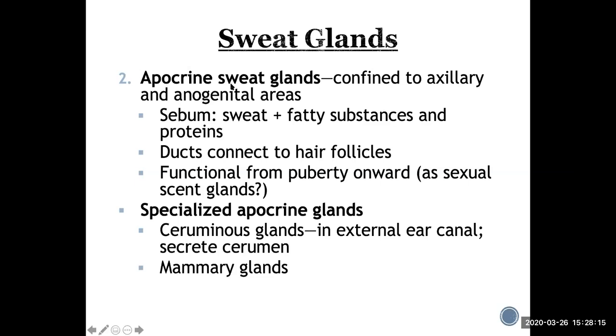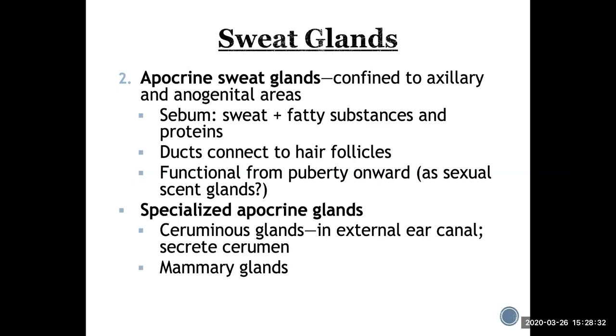Apocrine sweat glands produce not so much sweat as more of an oily secretion. You can find apocrine sweat glands in your axillary region, so like your armpits, and your pubic region, right? So these guys all become activated at puberty because all that fun stuff happens at puberty, right? You end up with your sebaceous glands being activated.